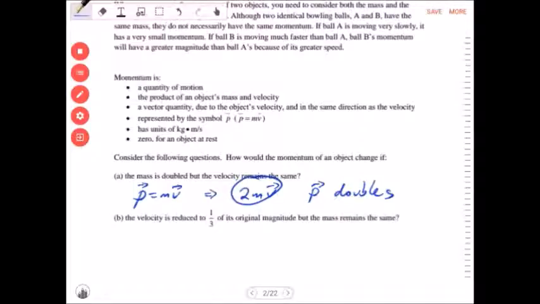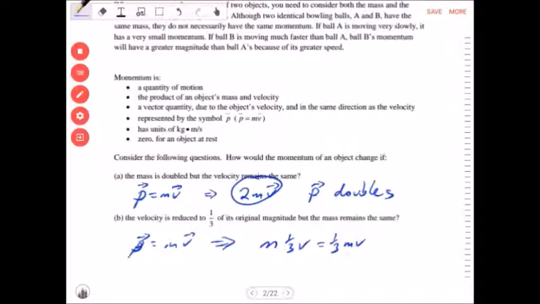What if the velocity is reduced to 1/3 of its original magnitude, but the mass stays the same? Again, we start with P equals mv, leave the mass the same, but take the velocity and make it 1/3. If I just do some rearranging, the number goes out in front, so 1/3 mv.